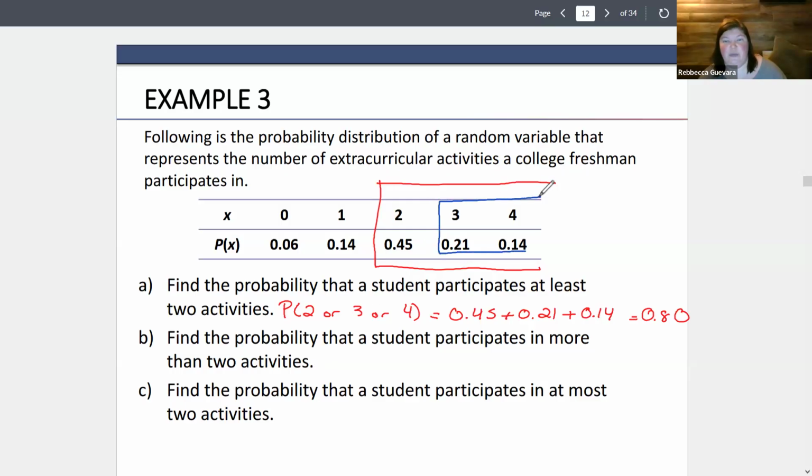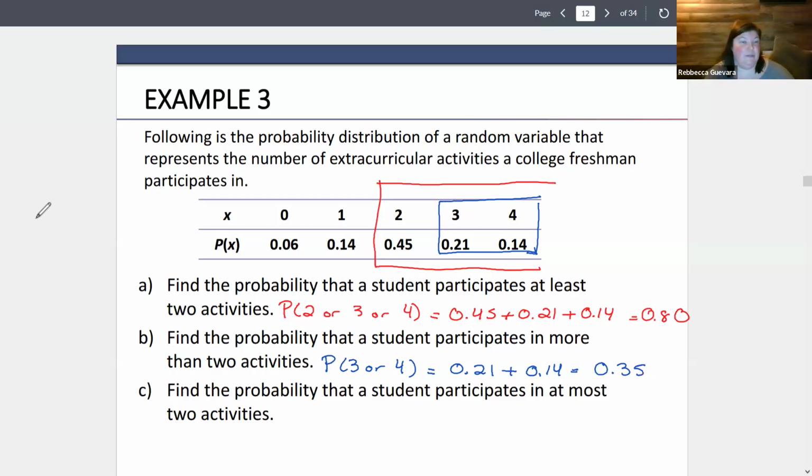This is more than 2. So they participate in 3 or 4 activities. So that's 0.21 plus 0.14, which is 0.35. So there's a 35% chance they participate in 3 or 4 activities, or more than 2.